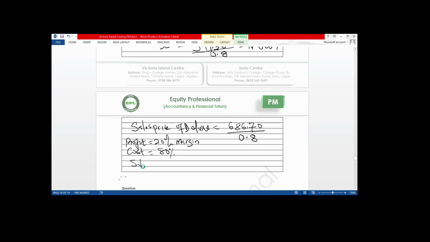Then sales price is equal to 100 over 80. At 80%, our cost is 686.7. What is our sales price? Multiply by 686.70. What is the selling price, please?